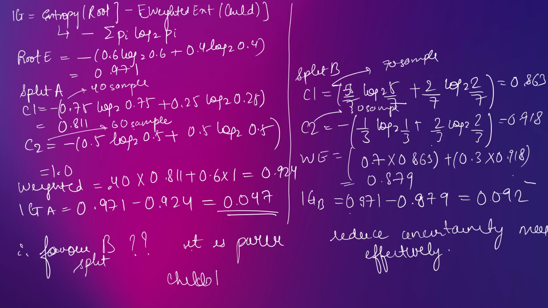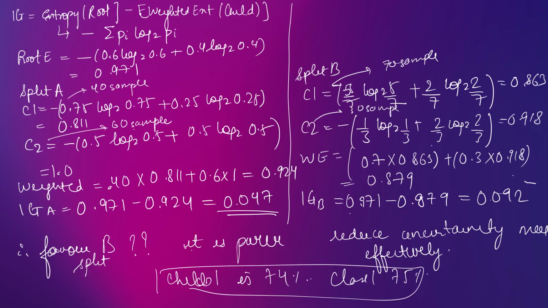So your answer is split B for your part D. First you had to calculate your information gain for your root, then for individual splits, and then you got your answer: that we are favoring basically split B.